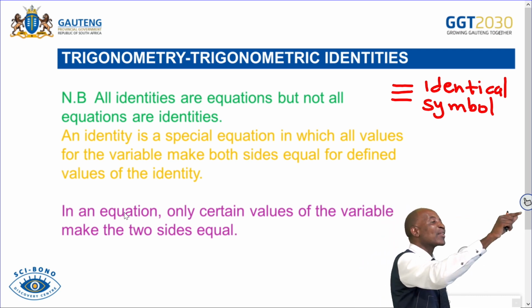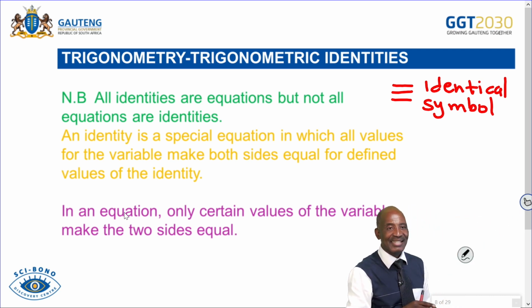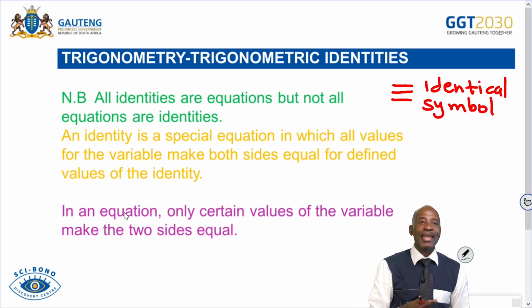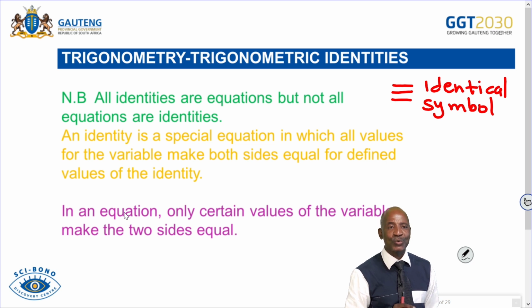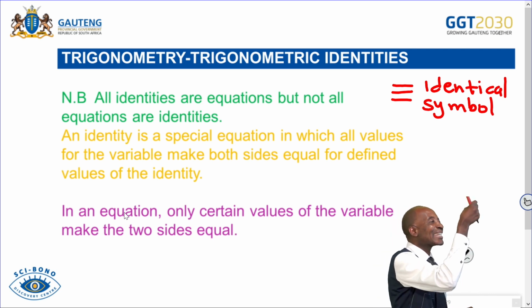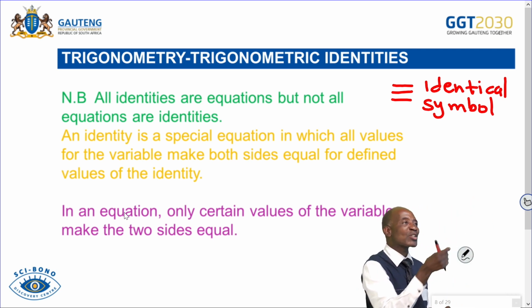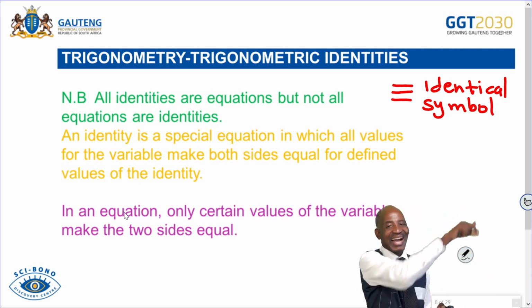Otherwise, why are not all equations identities? For example, a quadratic equation has only two solutions and not more than two. It cannot be satisfied by any other value except those two specific values if you were to solve it. That's why we are saying all identities are equations, but not all equations are identities.